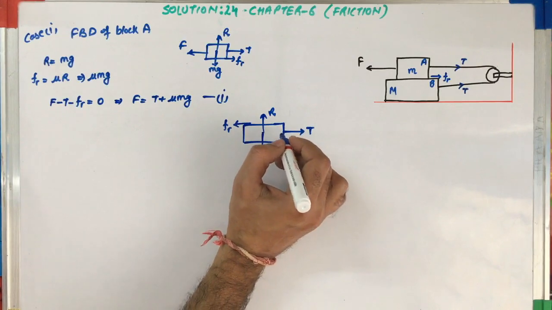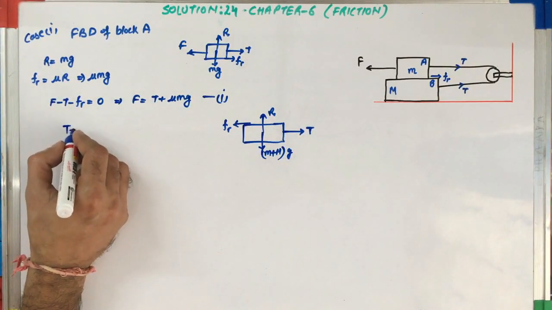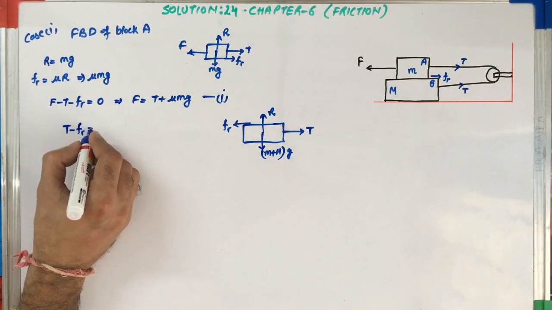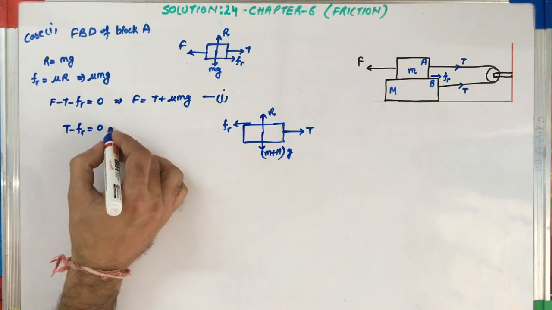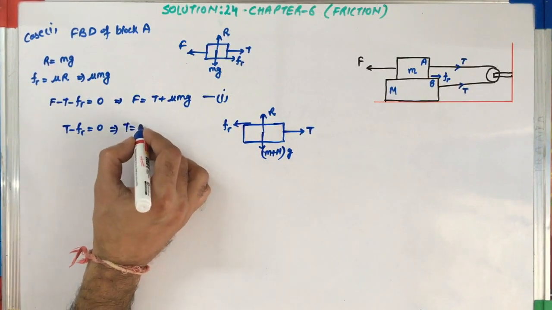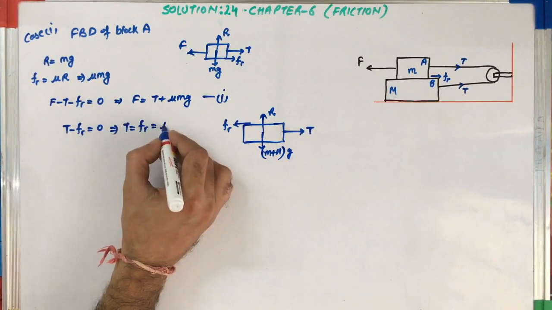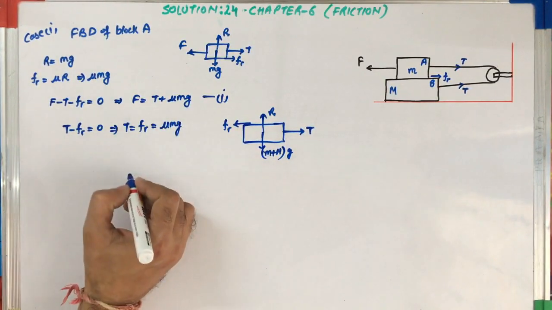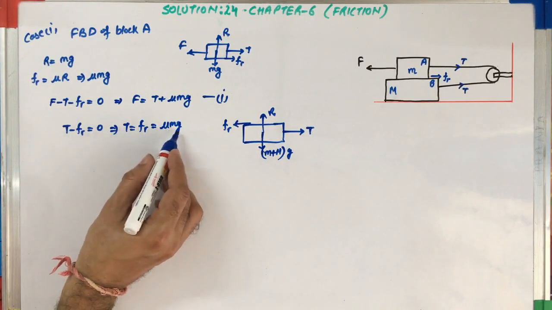Now, from the horizontal forces, T minus Fr is equal to 0 because the acceleration is 0, right? So T will become Fr, or the value of Fr is mu times mg. So we got the value of T as mu times mg.